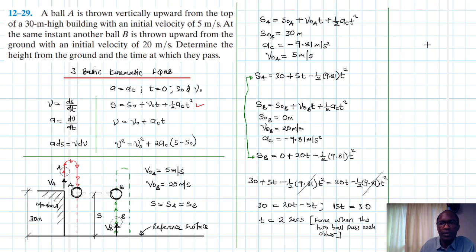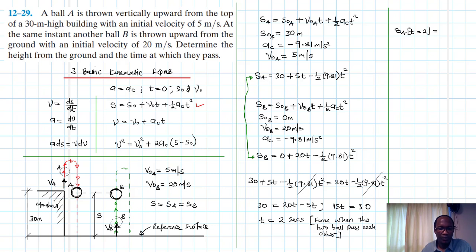So we'll say SA at time 2 seconds is equal to, just plug in the 2 in this equation here. You get a similar answer with the other one. So grab your calculator. We have 30 plus 5 by 2 minus 0.5 by 9.81 by 2 squared.